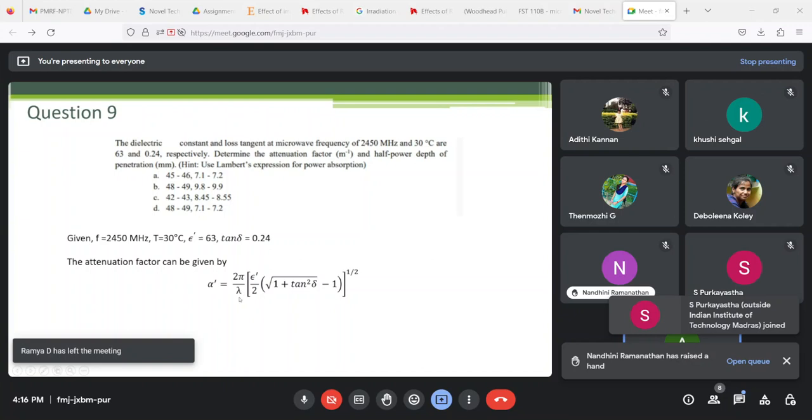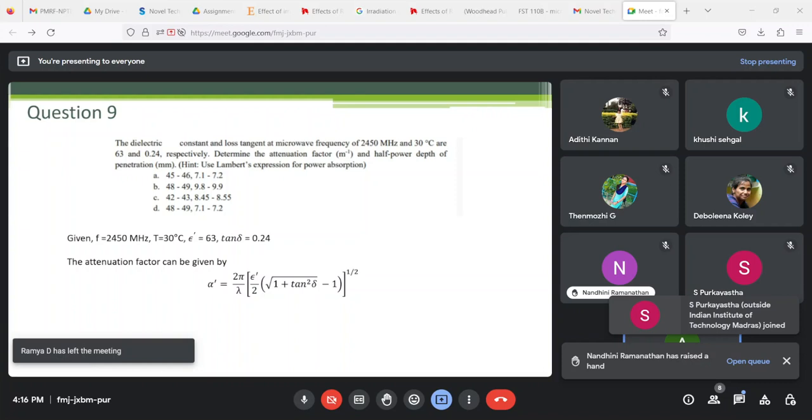Here lambda stands for the wavelength of your microwave, epsilon dash stands for your dielectric constant, and tan delta stands for your loss factor. We have all the parameters to substitute, except that the microwave frequency is given, so we have to calculate the microwave wavelength.